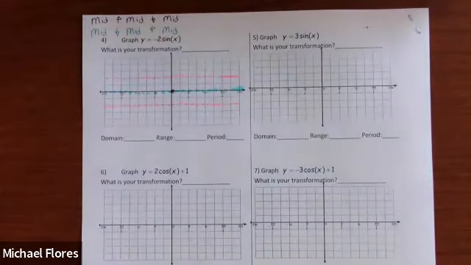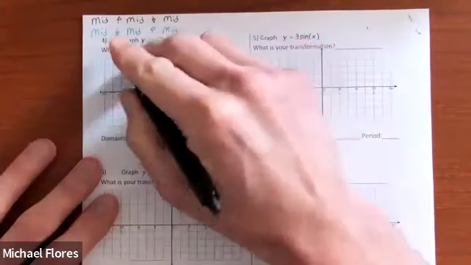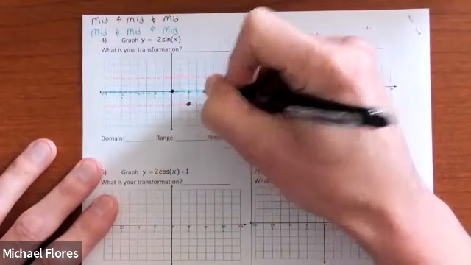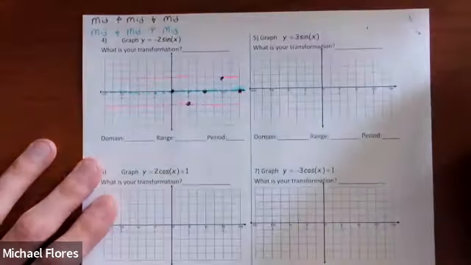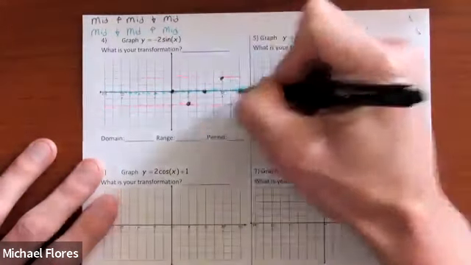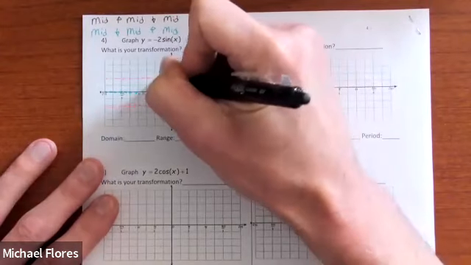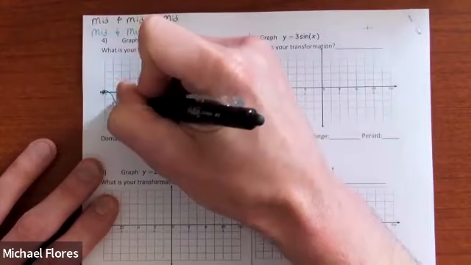So let's follow that pattern, and these are going to be pretty easy to grab. We start in the middle, then go down, back to the middle, and then up, and then back to the middle. Just repeat the pattern: middle, top, middle, bottom, middle, top, middle, bottom, middle.